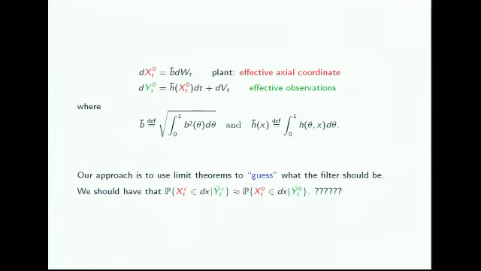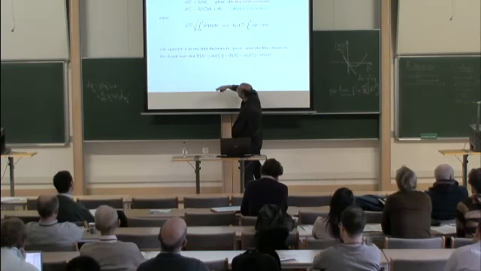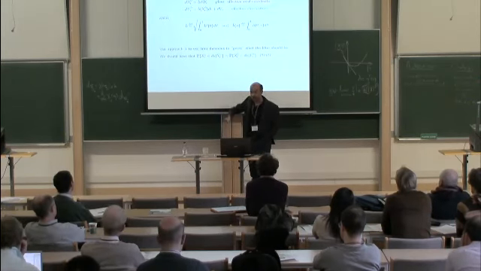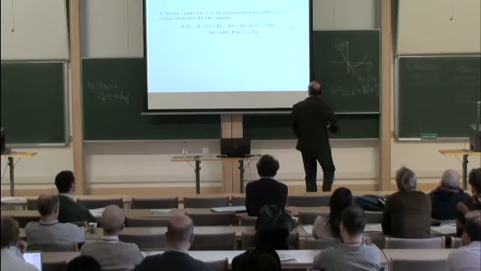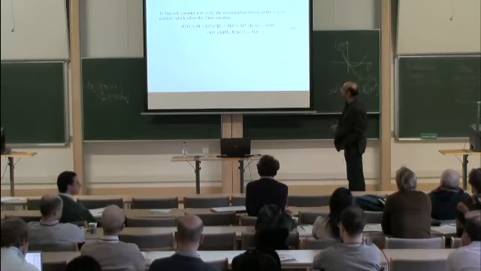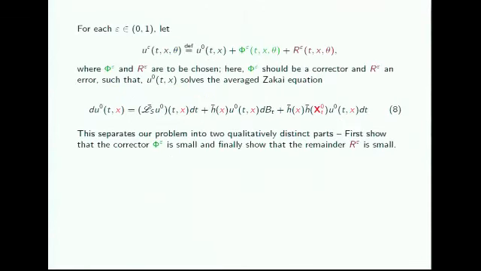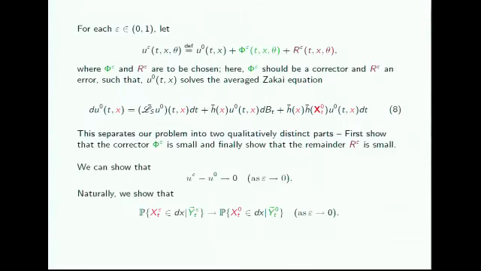This is the filter I start off with for X. And I want to show that as epsilon goes to 0, this magically goes to that. The whole point is to show these equations can be solved, and I won't go into it. In fact, we can show indeed that as epsilon goes to 0, this one goes to that.